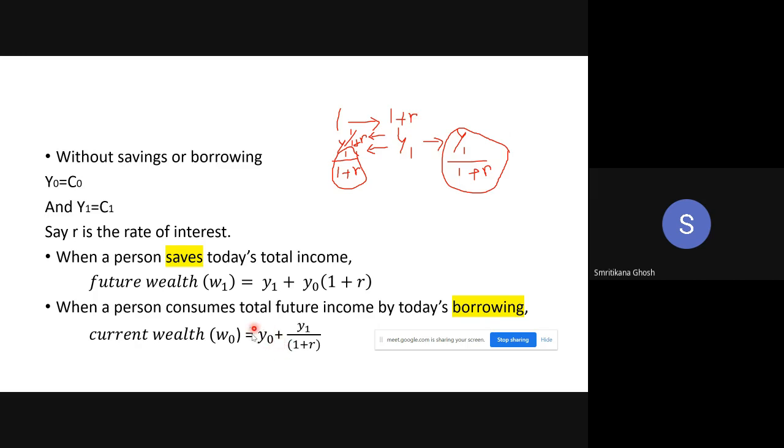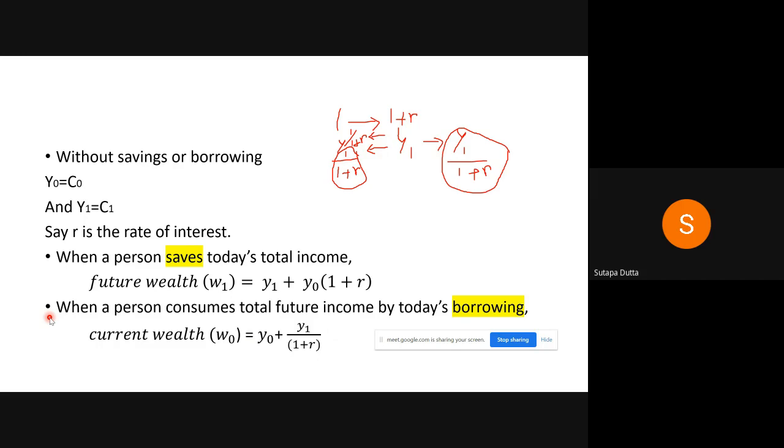Y0 is the current income, plus Y1 by 1 plus r is the maximum borrowing that the consumer can do today given his future income Y1. So this is the maximum current wealth the consumer can get. Is the third point okay or not? Ma'am, can you repeat the last part?